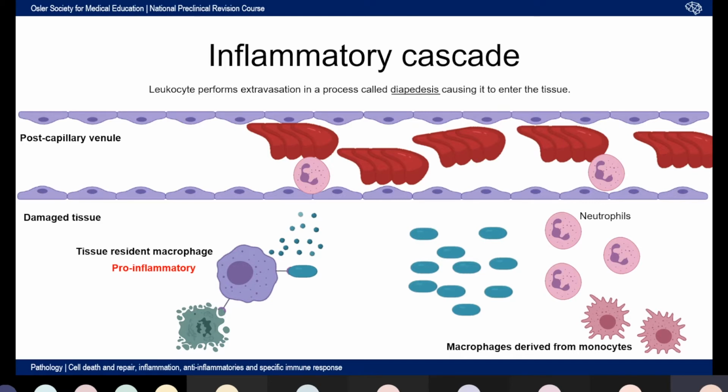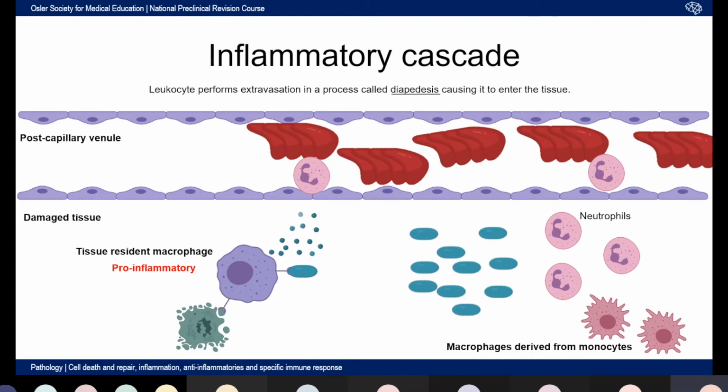And so what happens is that these monocytes migrate into a tissue. So they perform diapedesis, and then they differentiate. So these monocytes now essentially change their form and become a macrophage. And that's really important because monocytes aren't inflammatory intrinsically, whereas macrophages are.